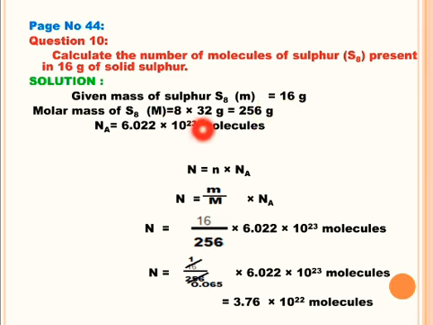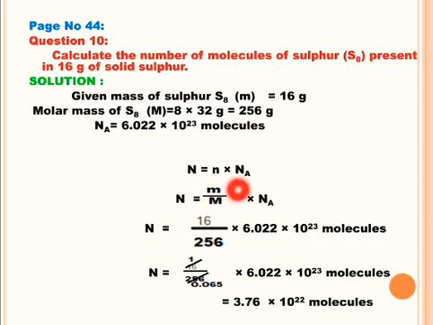Avogadro number, we know its value, that is 6.022 into 10 raised to power 23 molecules. Now what we have to calculate? We have to calculate the number of molecules of sulfur S8 present in 16 grams of solid sulfur. So how can it be calculated? Which formula is to be used? Yes, it is capital N is equal to small n multiplied by Avogadro number.